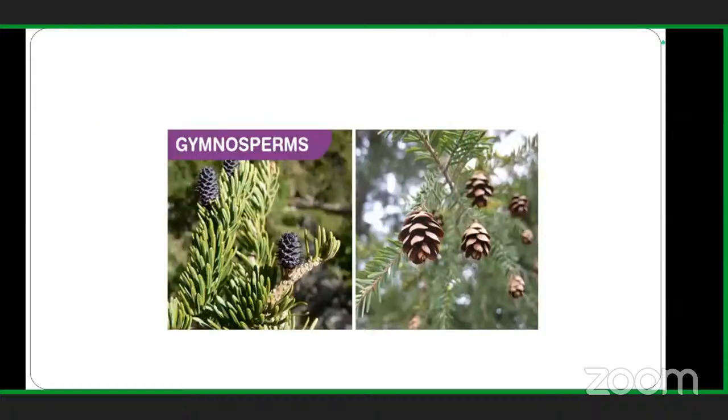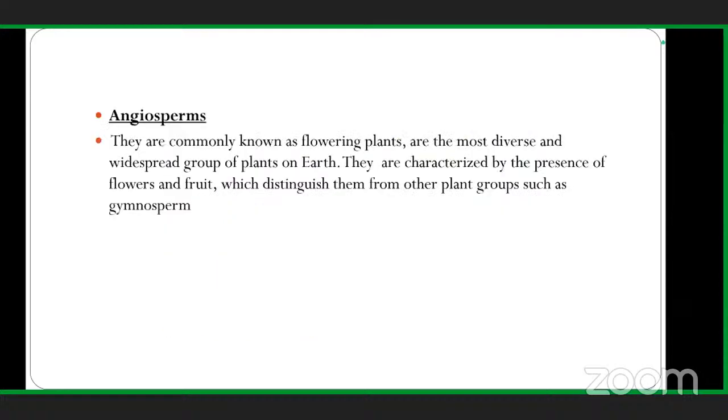You can see the picture. It is the cones which are attached to the plant. These are the cones, the male and the female reproductive structures. In some plants, you will find that the male cone is larger than the female. We will have to discuss each group in our next chapter: the basic characteristics and reproduction of each group.